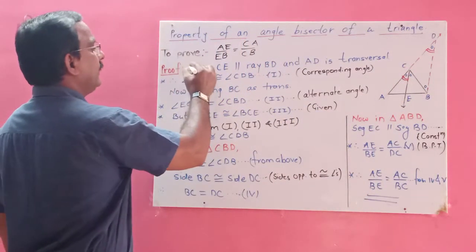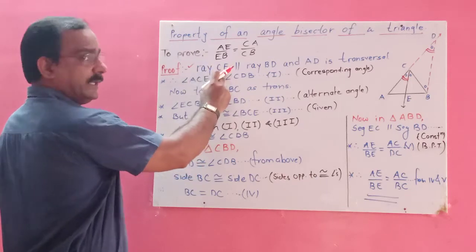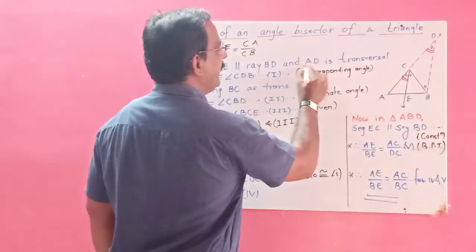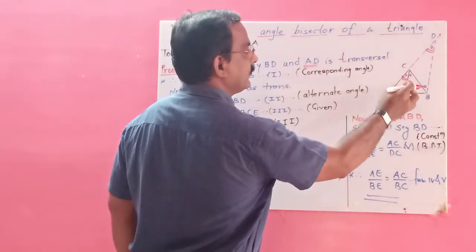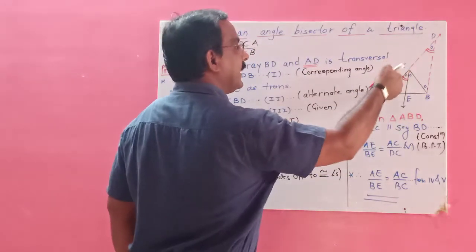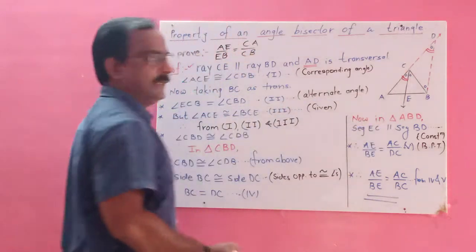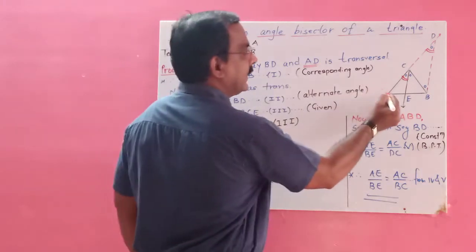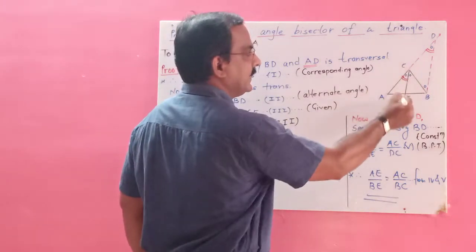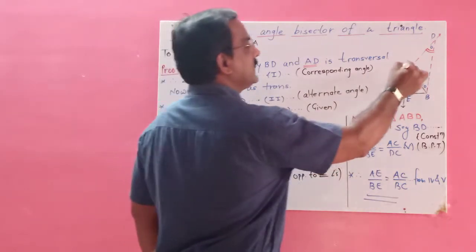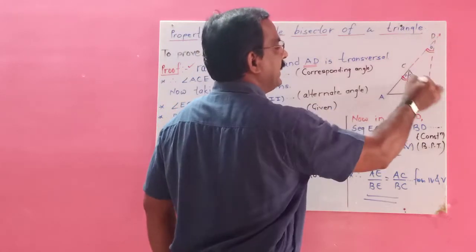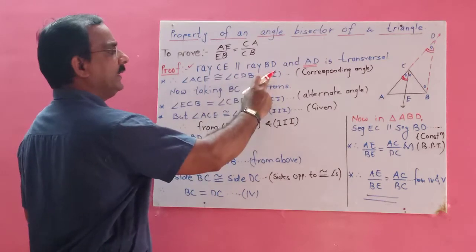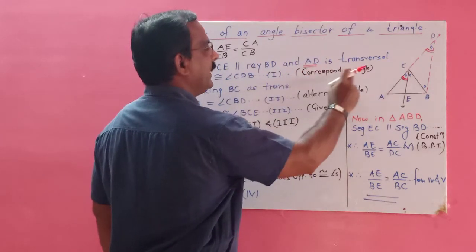Same thing you write here, that ray CE is parallel to ray BD, and AD is a transversal line. Therefore, angle ACE and angle CDB, these both are congruent. Point number 1, reason is corresponding angles.